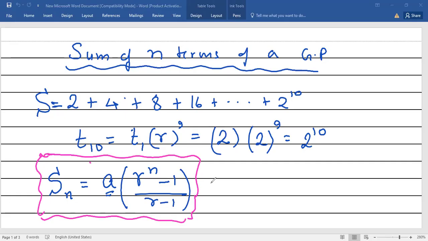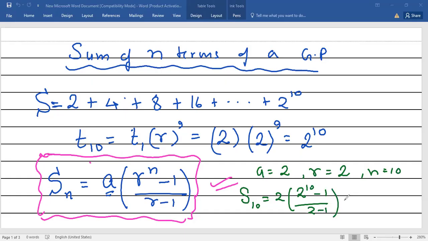Now, if we apply this formula to the given example, we can see that the first term is 2, the common ratio is 2, and n is 10. So our sum to the 10th term will be given by 2 times 2 to the power 10 minus 1, divided by 2 minus 1. That's it. No need to find the exact value.